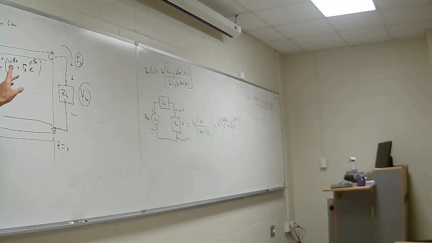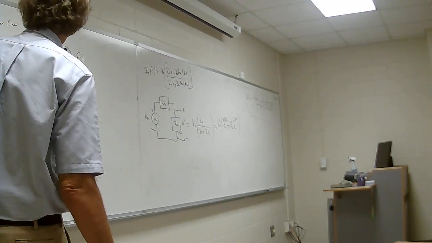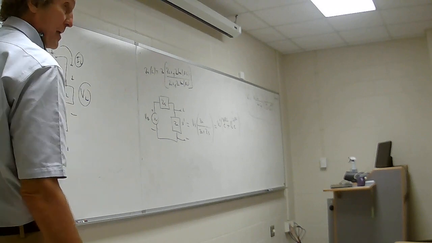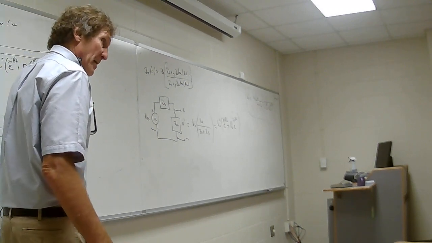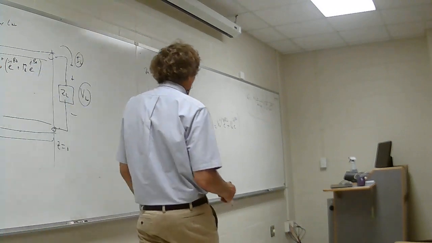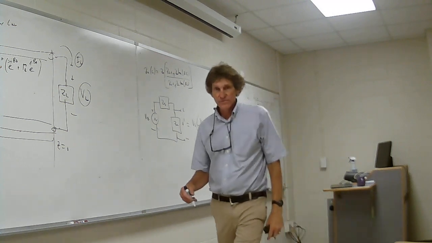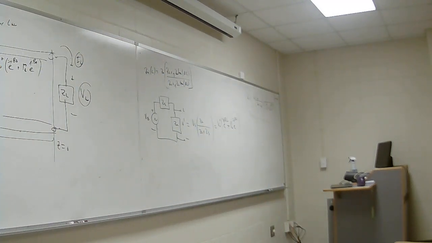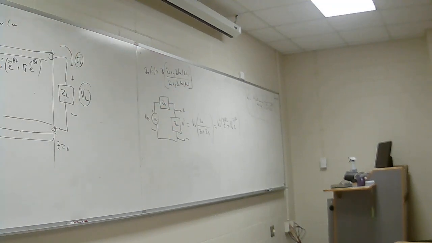You all see that when I'm at the load right there, to evaluate the load voltage, I just let Z equal 0. Can you all see that? When Z equals 0, I'm right here, right? That is Z equals 0, and that is the voltage at the load. So now I can say the voltage at the load is going to be equal to all that, and I'm just going to leave it V0 plus, because that's over there.